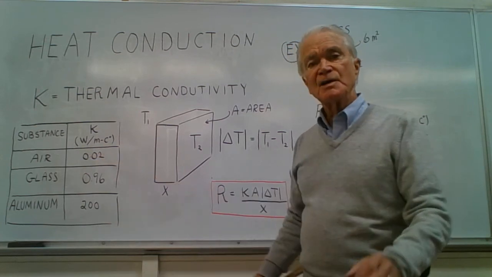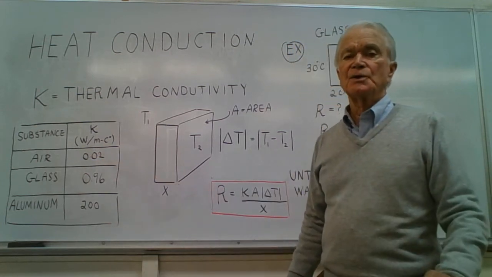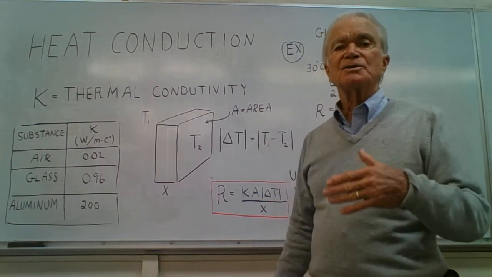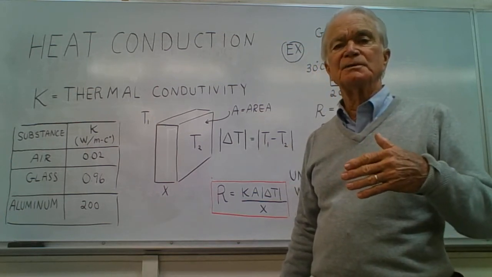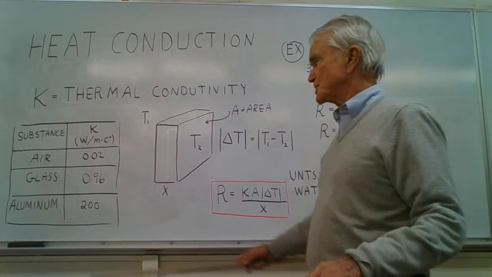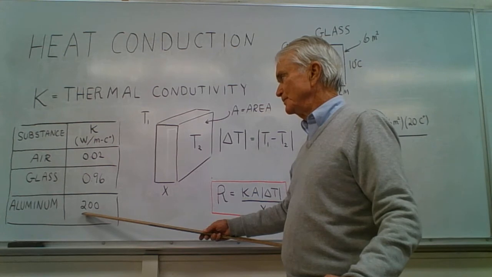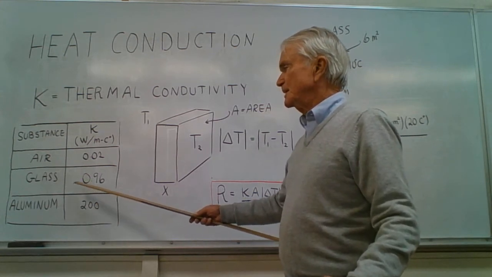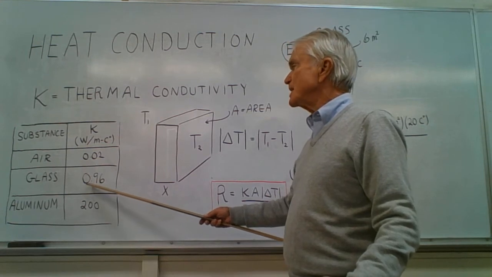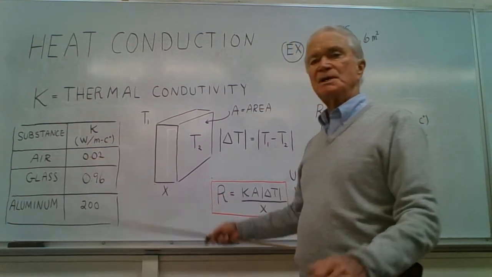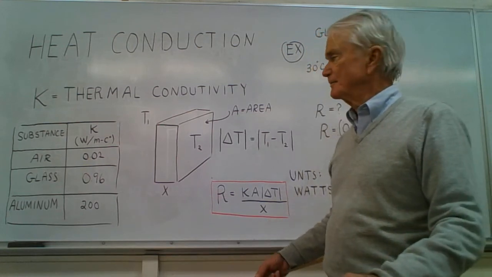Air has a very low thermal conductivity. Heat travels through a barrier of air very slowly compared to, say, aluminum or glass. Heat travels through glass 48 times more rapidly than it does through an equal thickness of air.